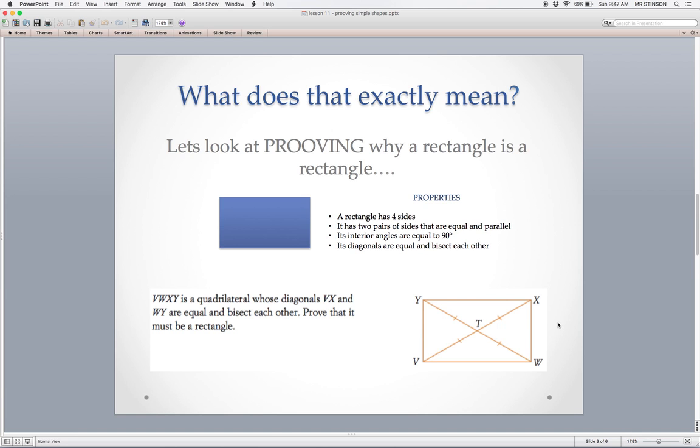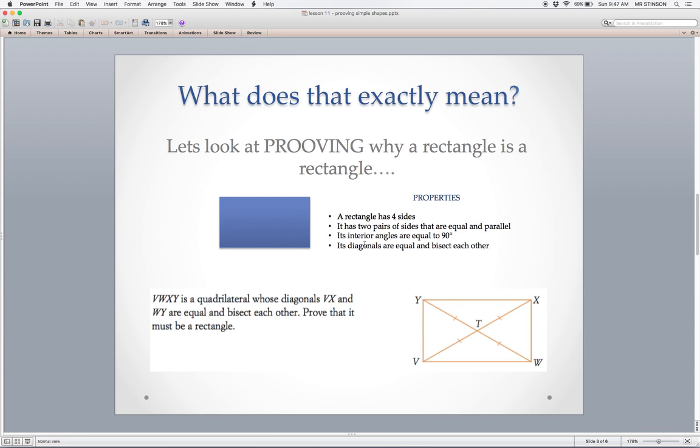Now, I've told you before that you're not allowed to actually say something is something unless you are given the information. And if we look at this diagram here, it doesn't tell us that both pairs of sides are equal and parallel. The symbol for equal or the symbol for parallel is non-existent on this shape. So that would be something we would have to look at proving.